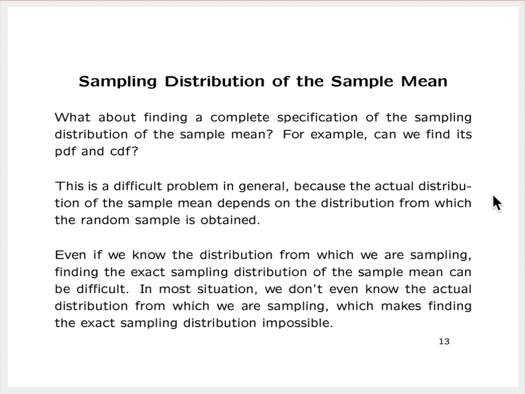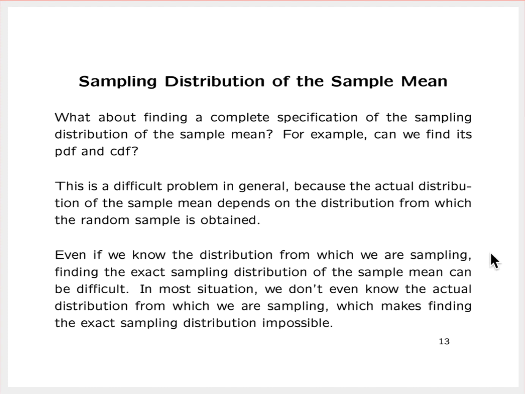The actual PDF of the sampling distribution of the sample mean will depend on the distribution that we happen to be sampling from, and in a real-world situation, we're not going to know what the actual population or distribution is that we happen to be sampling from. So that's one problem.